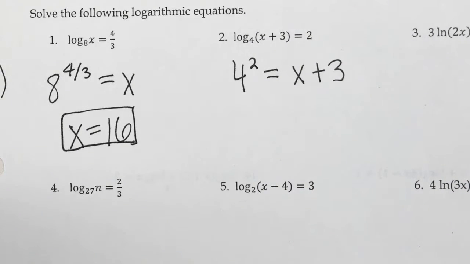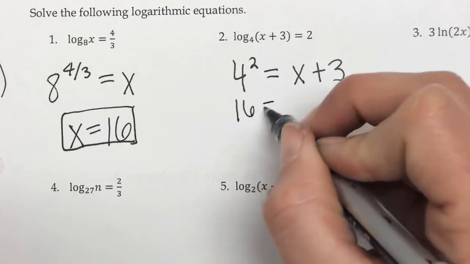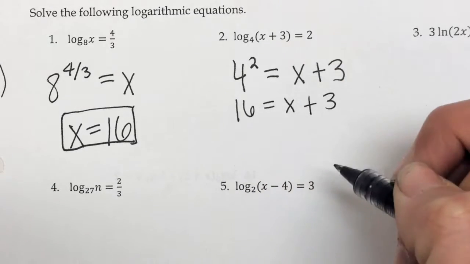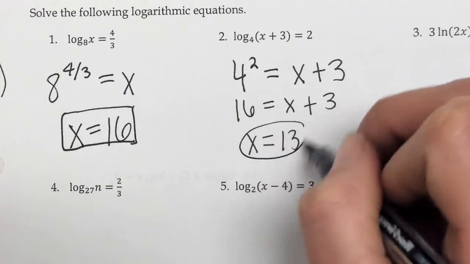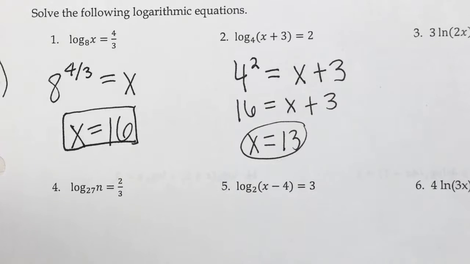And now you pretty much just use algebra to solve. We know 4 squared is what? 16. So this is 16 equals x plus 3. Now we just do what? And x is? Very good. Questions?